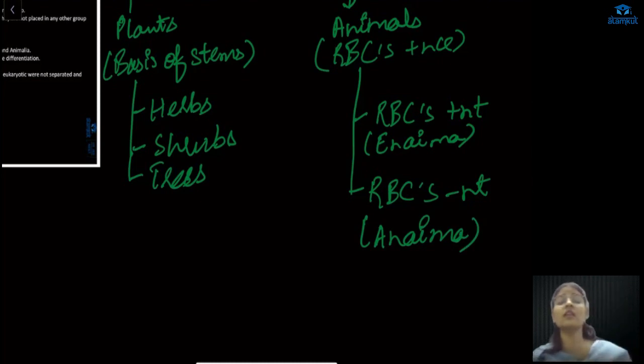So this was a very simple attempt to classify the organisms present on earth. For plants he took the basis of stems, dividing them into herbs, shrubs, and trees. For animals he took the basis of red blood cell presence: if RBCs are present in a particular animal, it is called Enaima, and if absent, it is called Anaima.